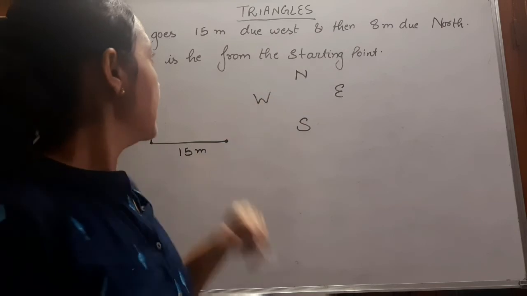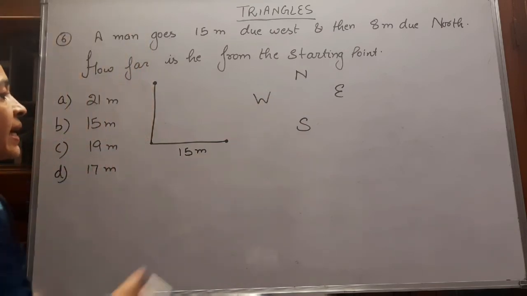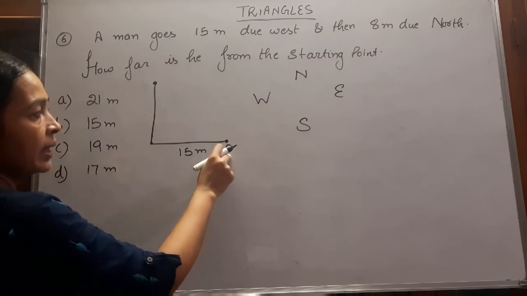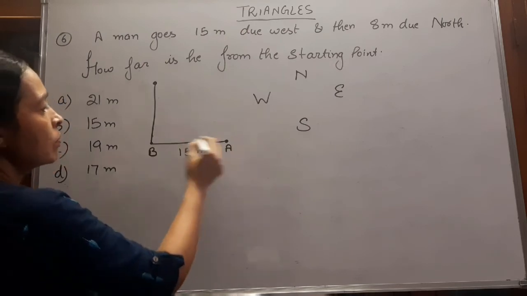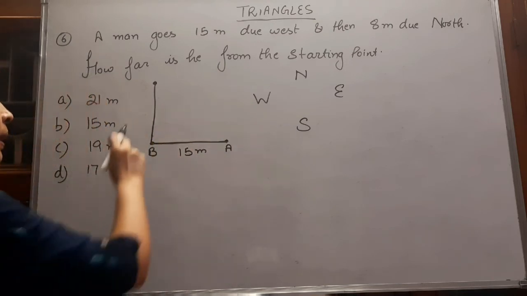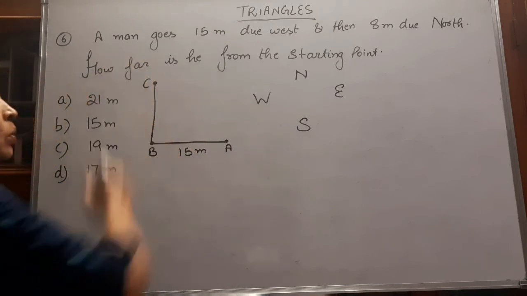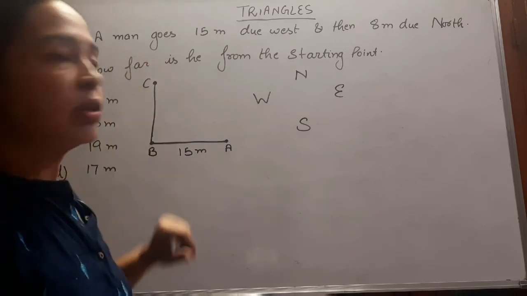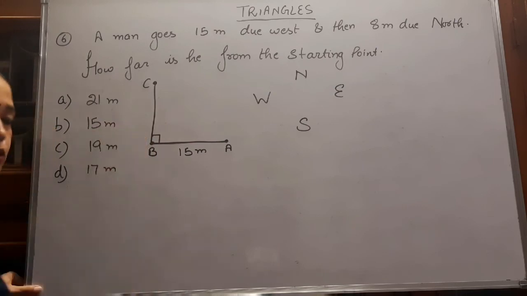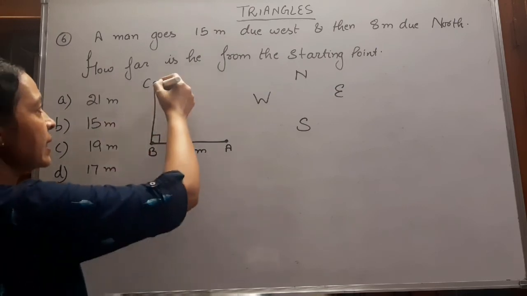How far is he from the starting point? We assume he was at point A. While going towards west, he was at B. After that, he went to point C in the north direction. We assume that he goes straight, so angle B will be 90 degrees.